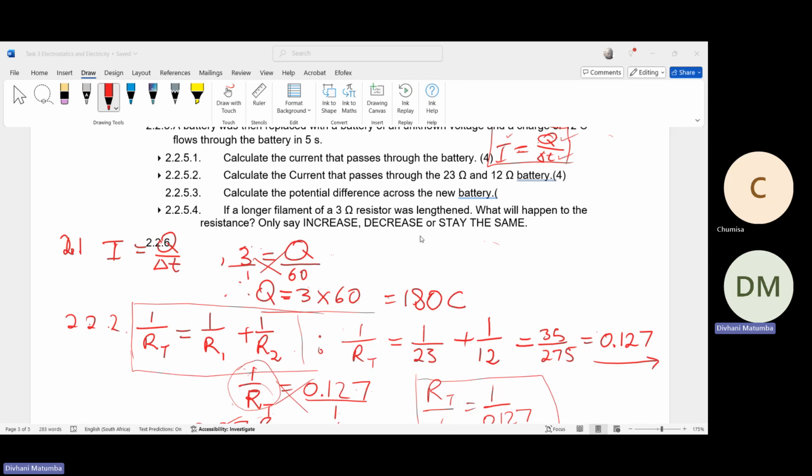What will happen to the resistance if we increase the filament? Let's say if a 3 ohms was a light bulb and it has a filament of a certain length, then we decided to increase the length. What will happen to our resistance? Increase or decrease?